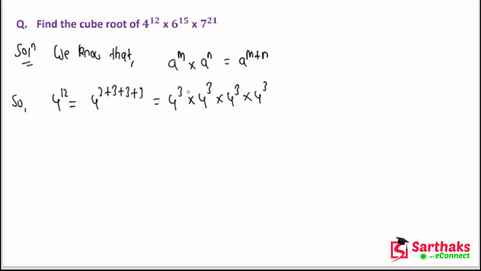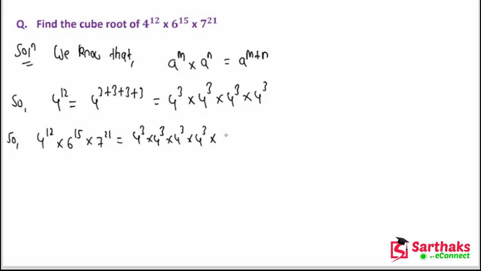Okay, so each will contribute 1 4. So again we can write. Similarly, 6 to the power 15 and 7 to the power 21 can also be done like this. 4 to the power 12 into 6 to the power 15 into 7 to the power 21 can be written as 4 cubed into 4 cubed into 4 cubed.